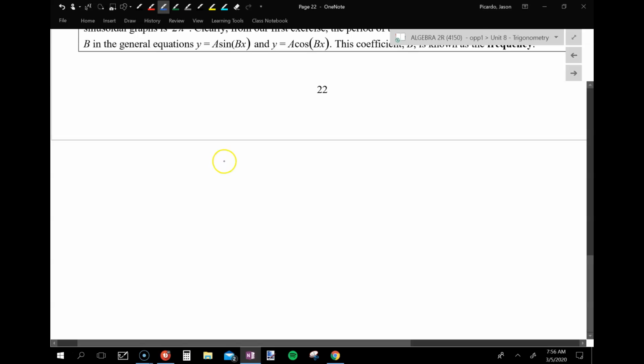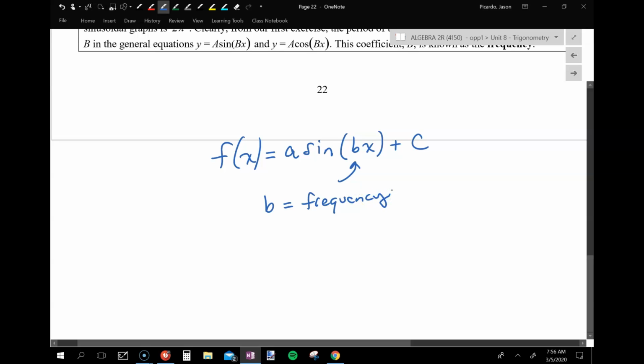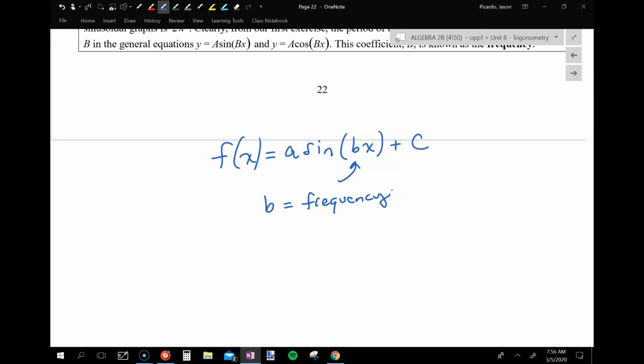Here's what we got. If I have the following function, let's look at this b value for a second. This b value is called the frequency. Now, what did that number adjust?